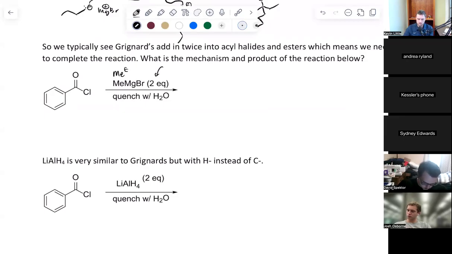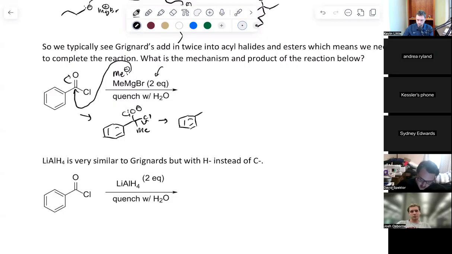So I've got my nucleophile, my negatively charged methyl group. I've got an electrophile on this carbonyl. Whenever I add into a carbonyl, it goes up. This carbonyl wants to reform. Can it? Yes, because I've got a leaving group. Then now I've got my second equivalent of methyl Grignard, and it adds into this carbonyl.